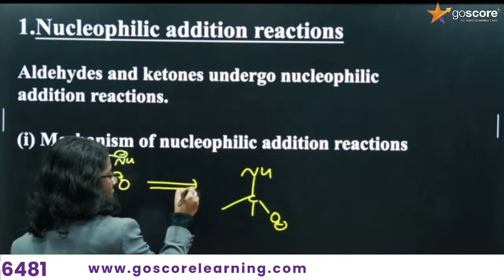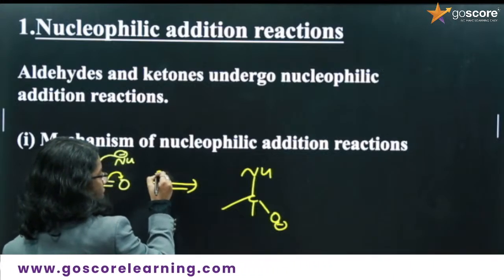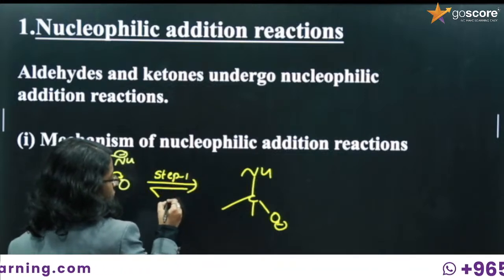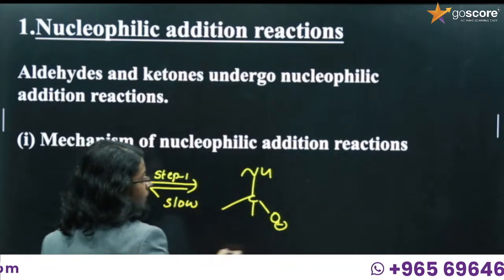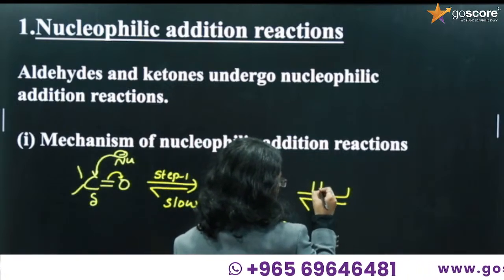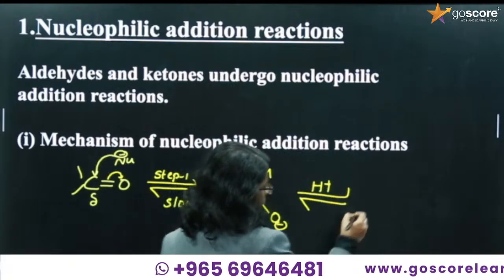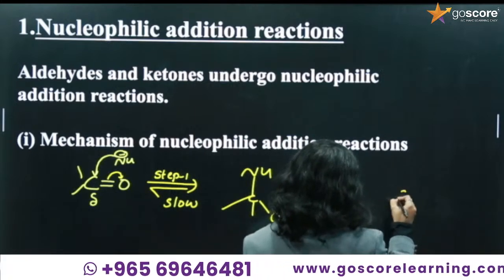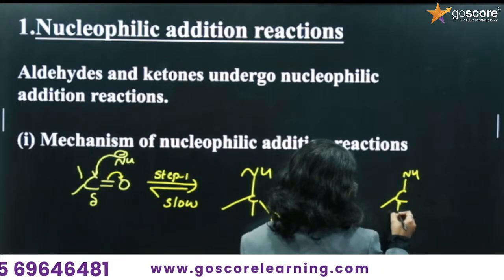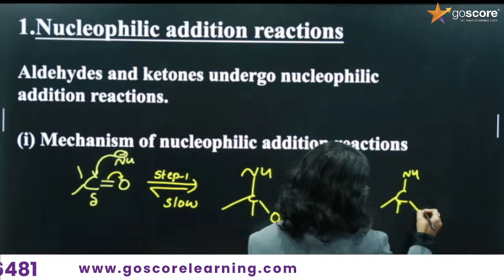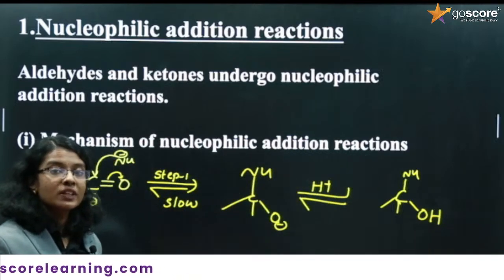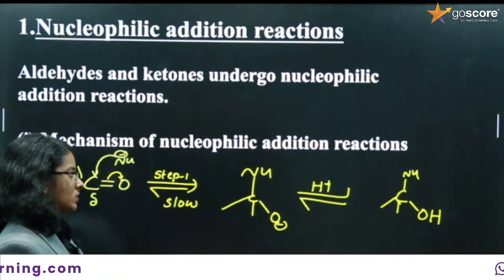So this is a reversible reaction. This is step 1, and step 1 is the slow step. Then this is treated with H plus, a proton, and you will get OH. So this is the mechanism of nucleophilic addition reaction.